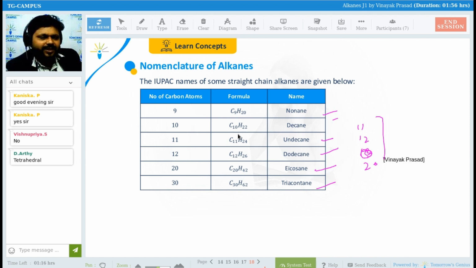If you are learning these, it is okay. Otherwise, it will not come in your path, because I have seen so many compounds, but undecane, dodecane and icosane do not come up. Till 8, it is fine.